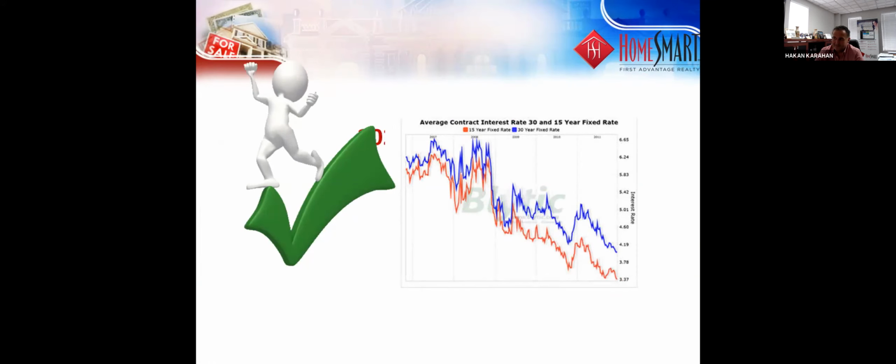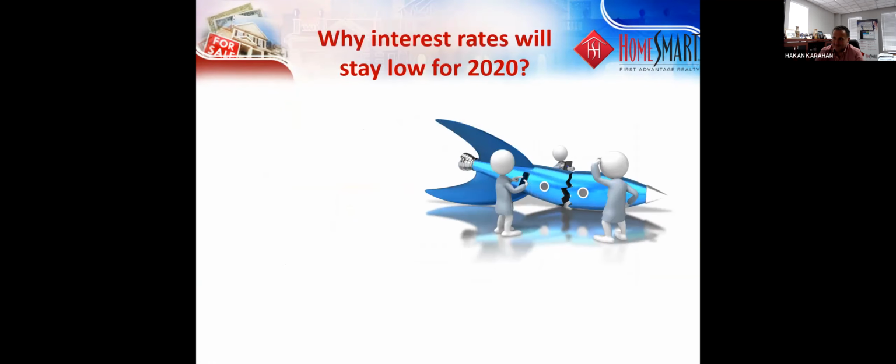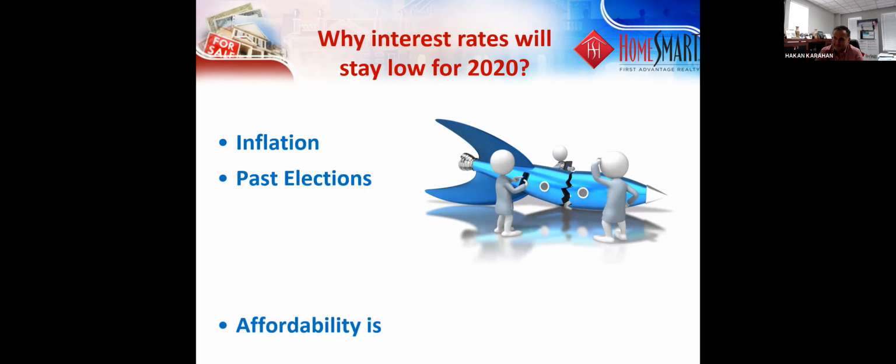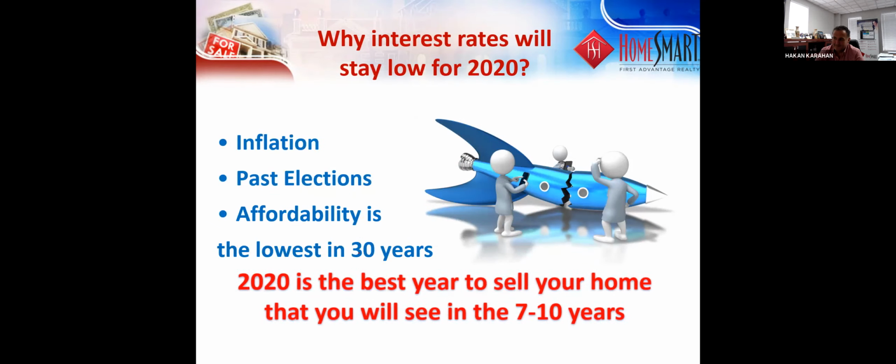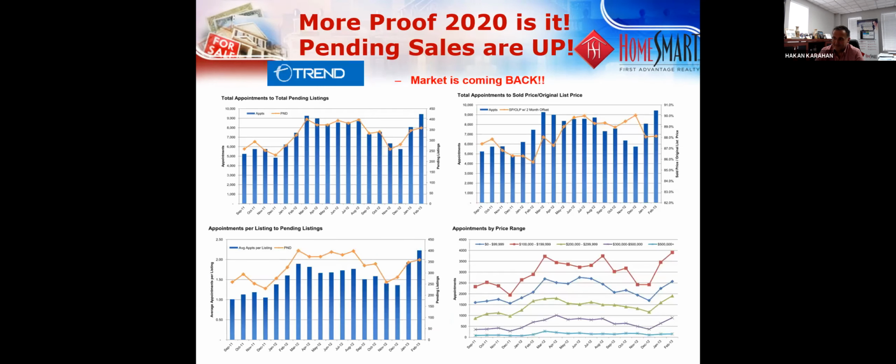So rates. And it talks about some of the properties that sold. Now, as you can see, it says trend data, which is Bright MLS. You can get this data from Bright MLS as well and implement it into your CMA systems.